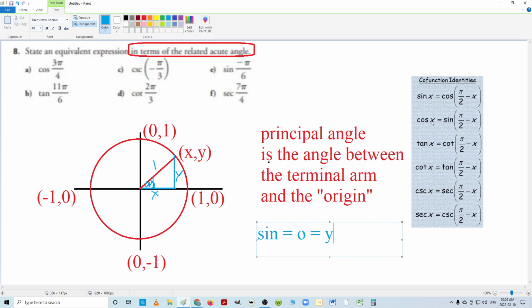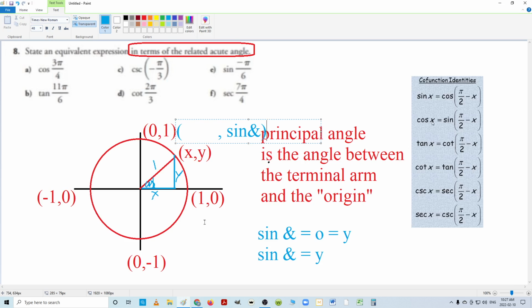Our opposite side also happens to be our y value, which means the sine of any angle, and I shouldn't call it x, let's call it alpha, is equal to the opposite, but it's also equal to my y value. That is why ultimately we discover that the y value anywhere on this unit circle is also the sine value of the angle that we're talking about. And of course the angle that we're talking about is right here.